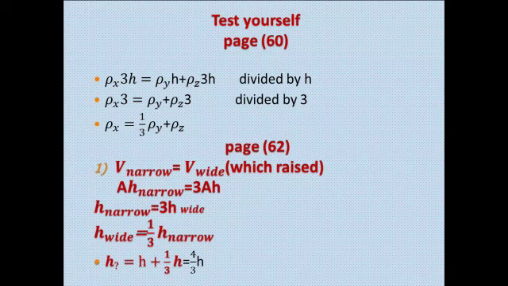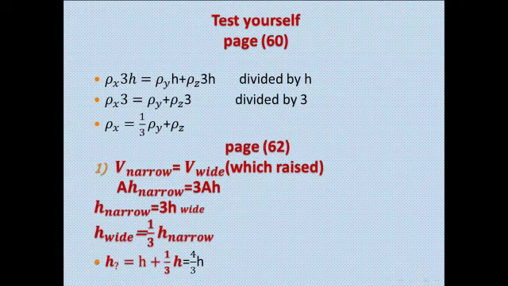We have the same point at the same horizontal, so they will have the same pressure. The line drawn below means all the pressure above is equal. Take the blue one: rho X, liquid X, 3H. The second has the pink and the gray. So rho H plus rho Z 3H divided by H. Rho X times 3 equals rho Y plus rho Z times 3, divided by 3. Rho X will be 1 over 3 of rho Y plus rho Z.